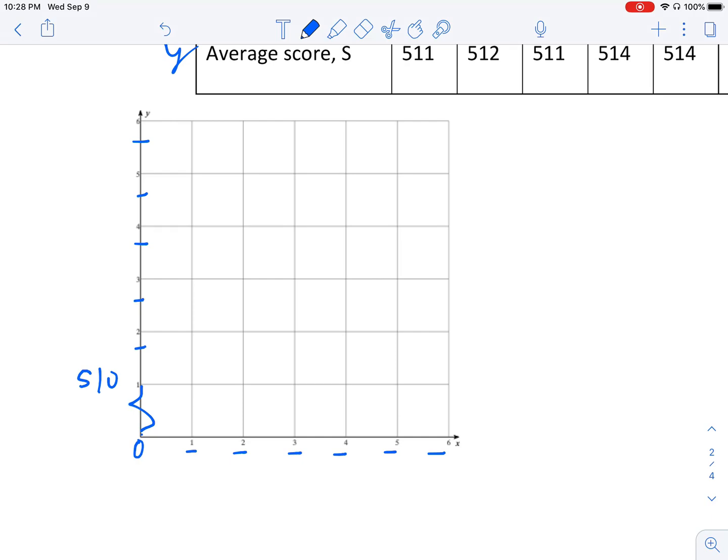So we're going to actually scale this 510, and then we're going to skip a step and hop up to 514, skip a step, hop up to 518. All right, everything down here is good.